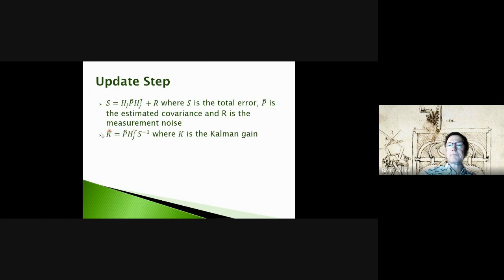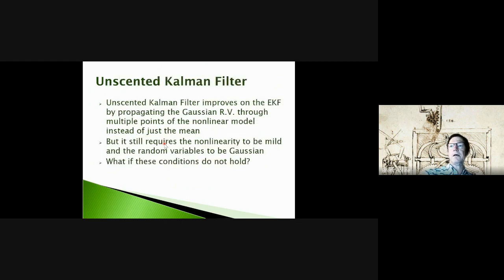And so then we can calculate our Kalman gain in the same way, where we're scaling this estimated covariance matrix with the amount of noise and errors in our system, and this Jacobian there. So, all right.